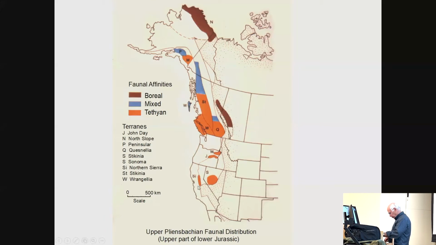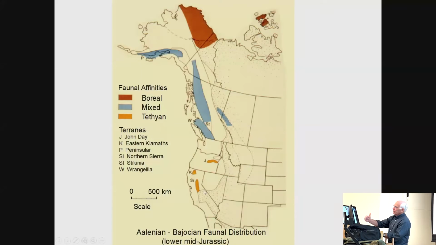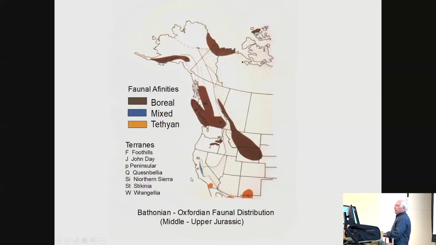And then we go on up to the middle Jurassic. It shows less equivocal evidence of a major shifting. And then we get up into the middle to upper Jurassic, and what's interesting is we have a dramatic boreal spread of faunas during progressively cooler climates as the boreal ammonites and other organisms spread further south.